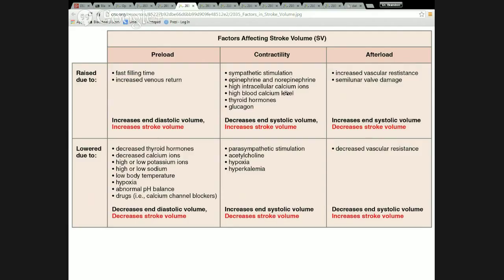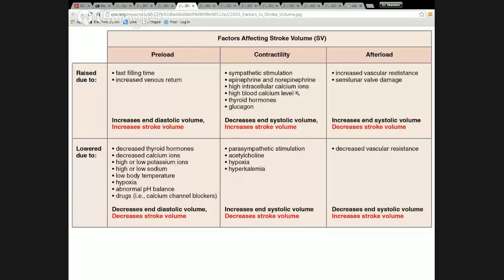The more calcium that's present, or the longer that the calcium is present, then the more contraction you're going to get. We call that contractility. It's a more efficient contraction. So I'm pointing out here high blood calcium levels because that's the most direct aspect to it. That plateau in the action potential is because of calcium.